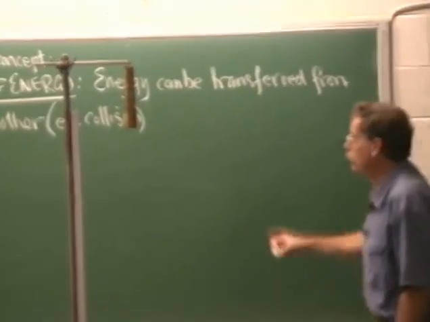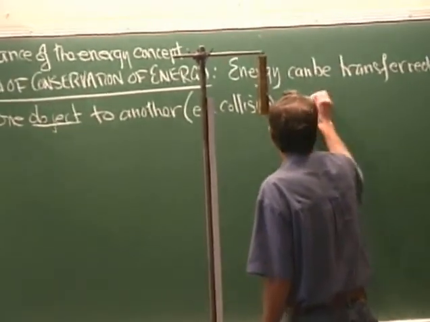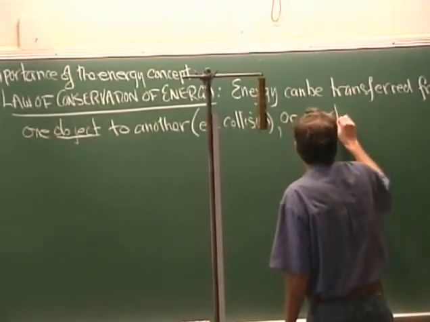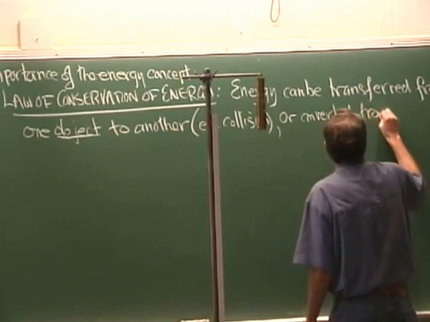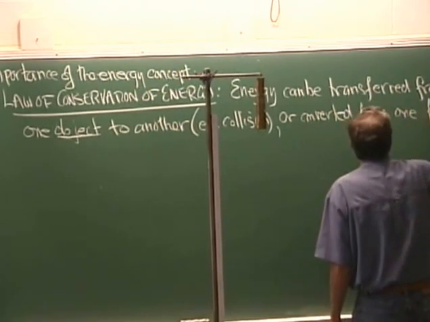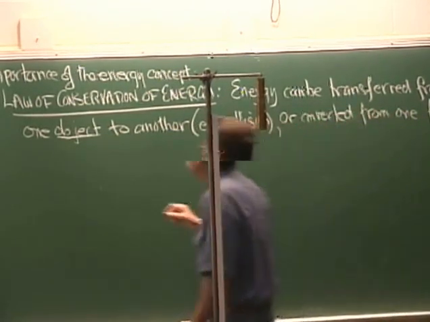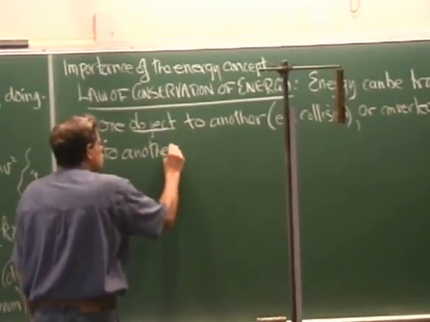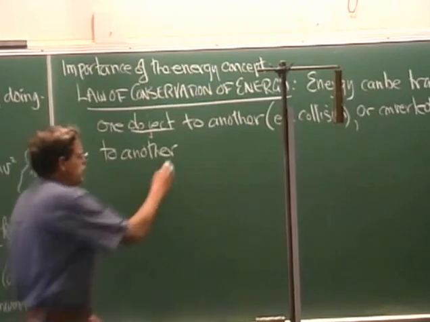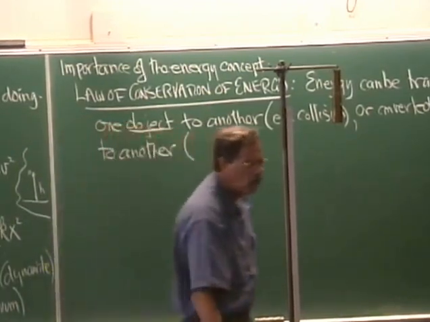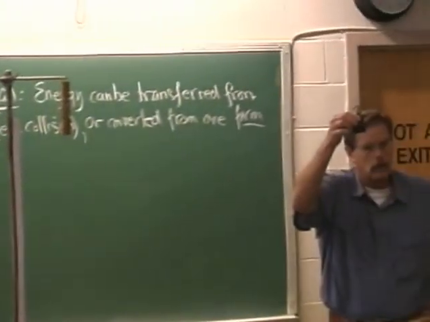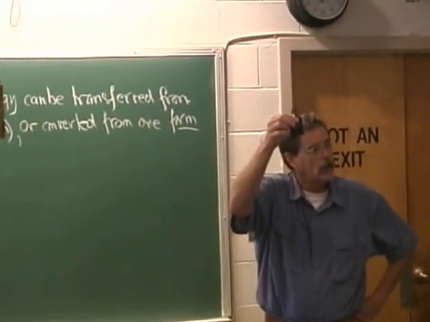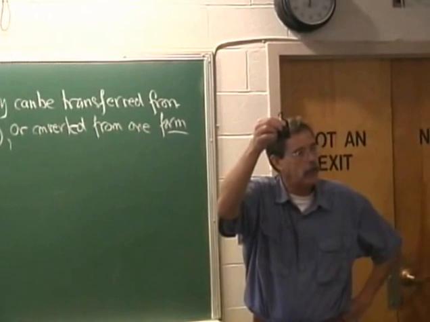Or it can be converted from one form to another. What's an example of converting energy from one form to another? So I have this here and I drop it. Right now it's got a lot of gravitational energy because it's up high.